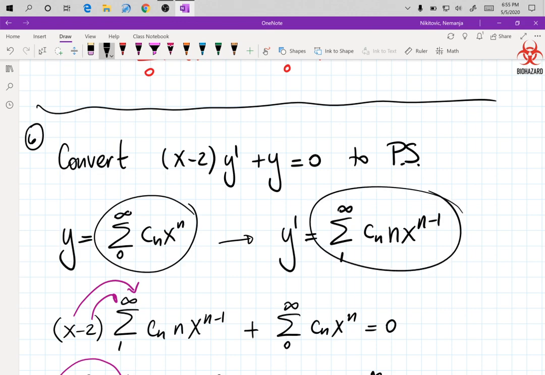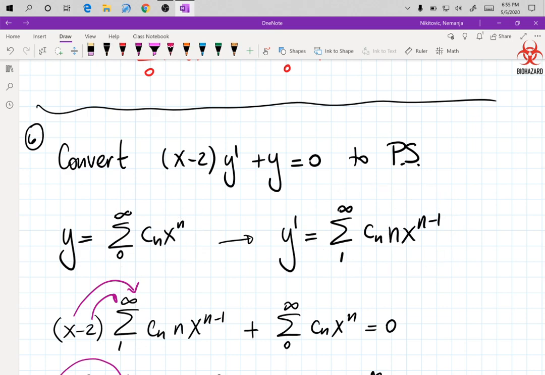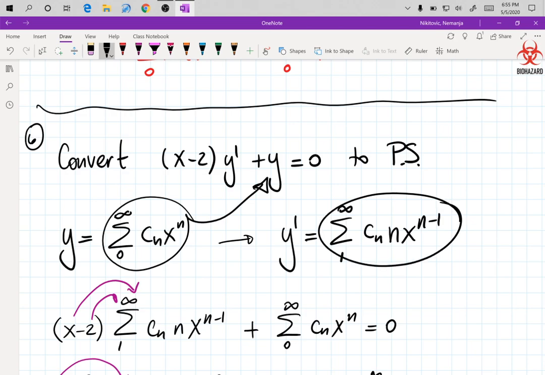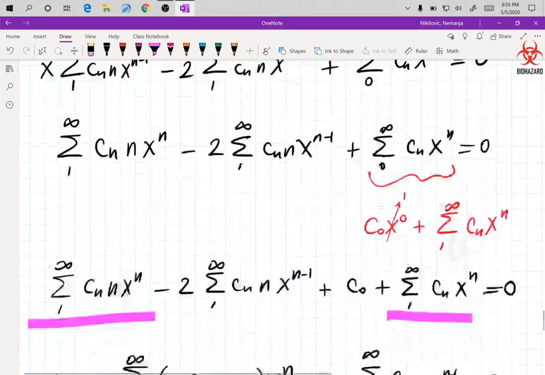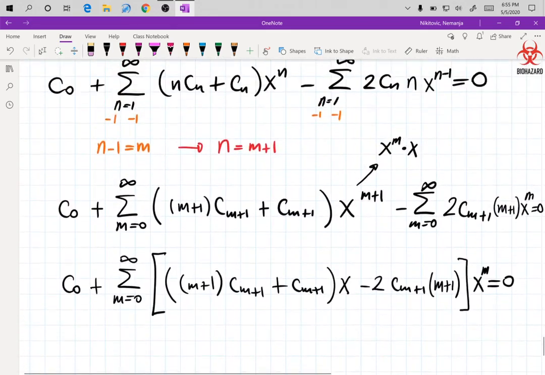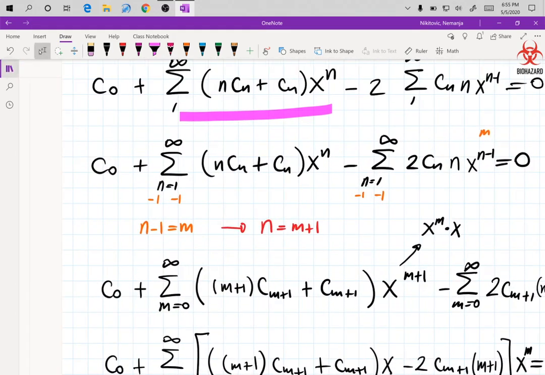There's the derivative of the power series. You are expecting to see that the derivative of x to the n is n x to the n minus 1. That's your calculus 1 formula. Then you plug in this one there, this one there, and then you have to go and compute all of this mess that we did, right? And more stuff coming tomorrow.